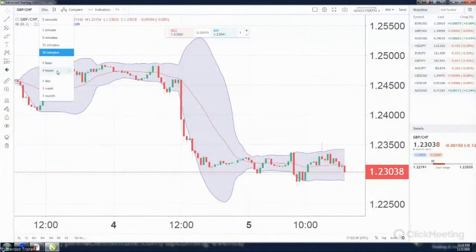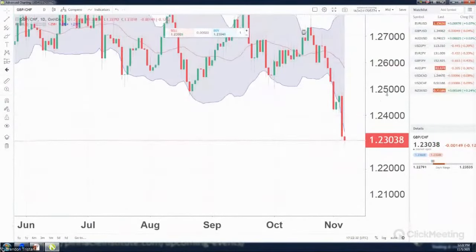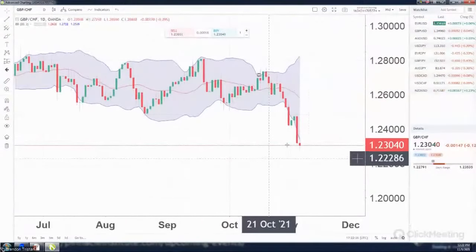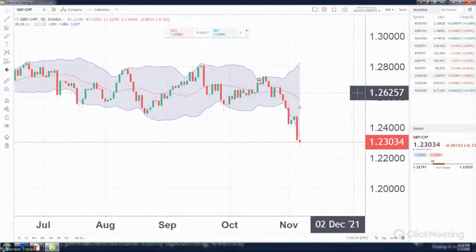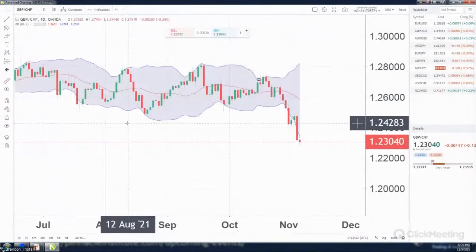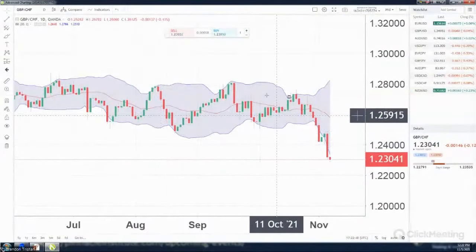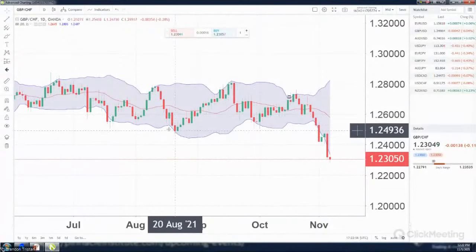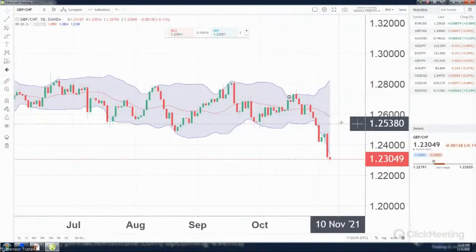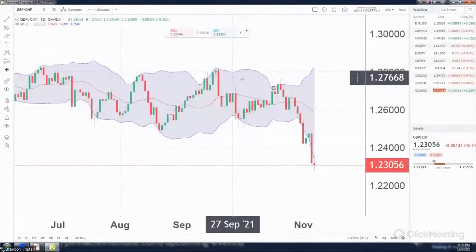We can go to a daily. Right here. So Bollinger Bands, if used correctly, you're looking for price on Bollinger Bands to always go.